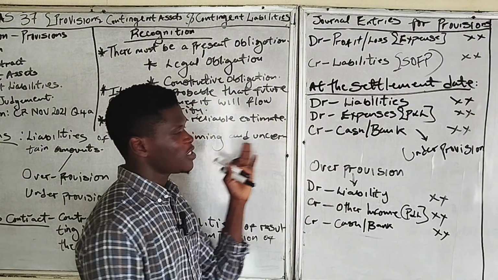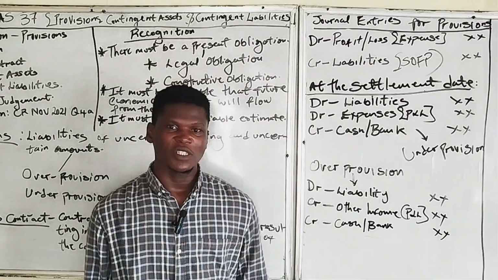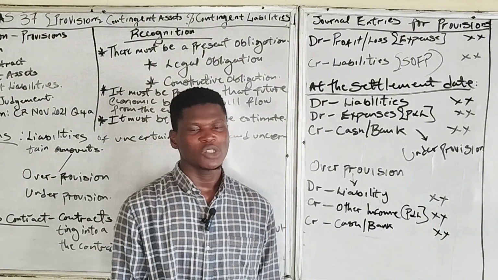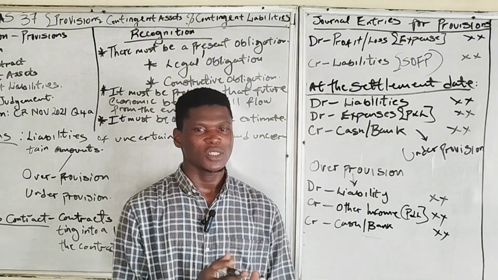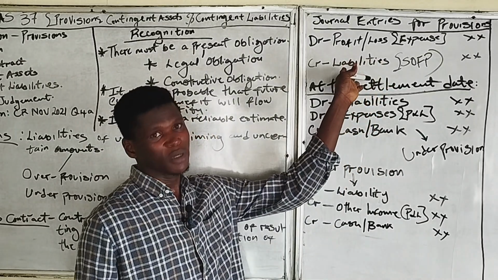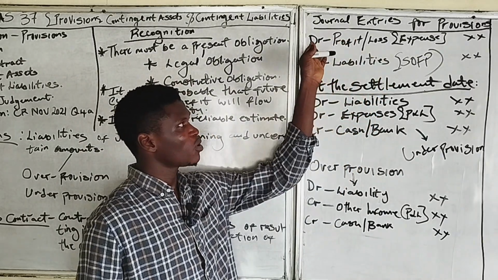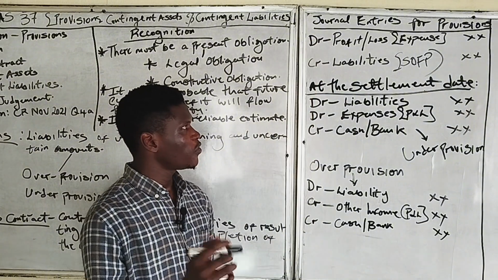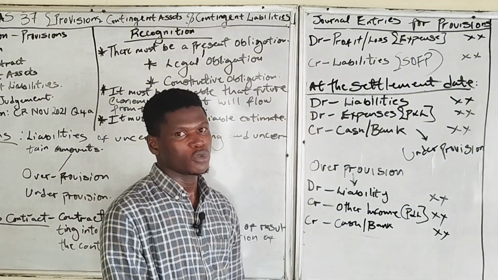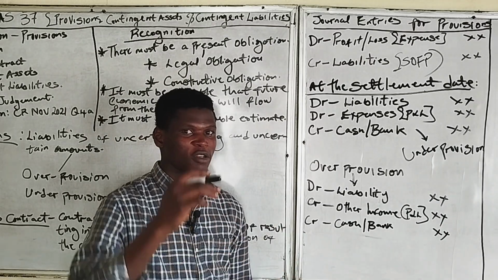So let me just cite an example on this. Let's assume we have a transaction, an obligation to settle in the future, for which we made a provision of 20,000. 20,000 is what we have recognized as our liability, and we also recognize it as an expense. For example, we have an obligation, let's say a court case, and we provided for 20,000, meaning we have an obligation to settle 20,000 in the future.